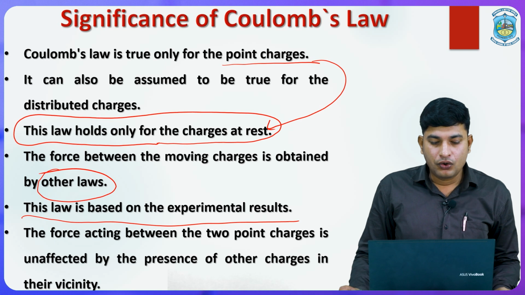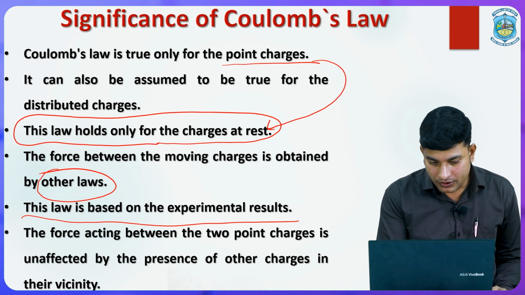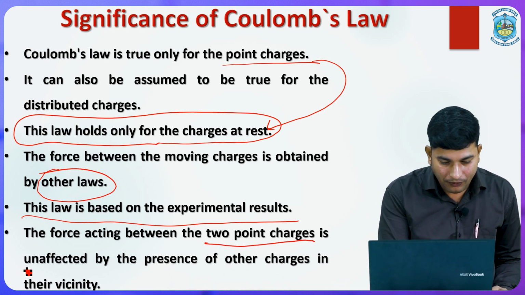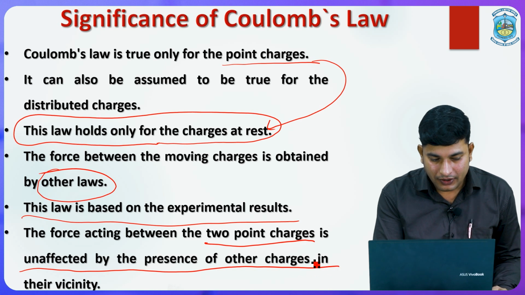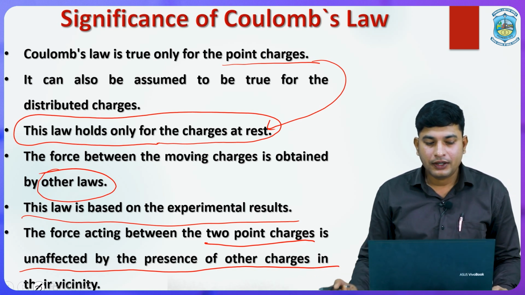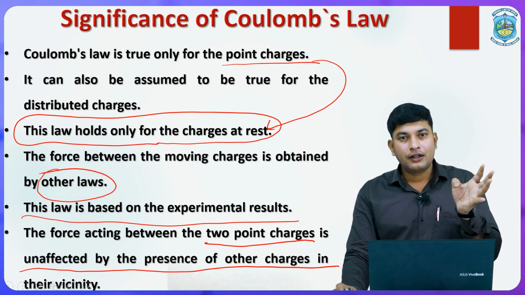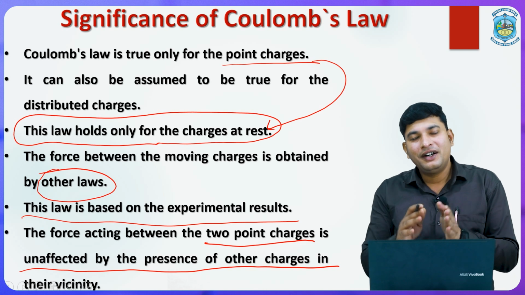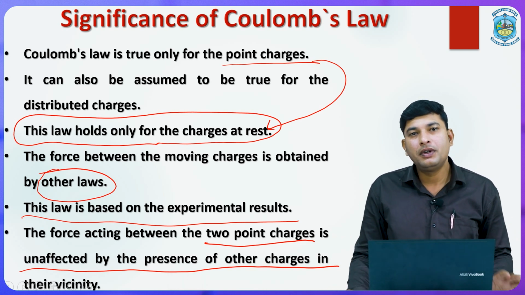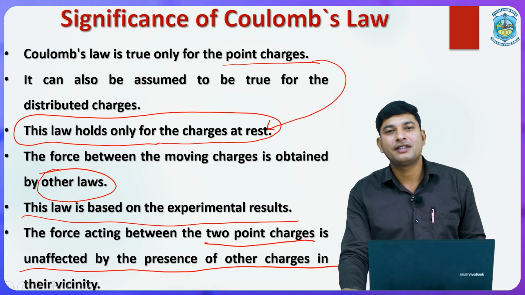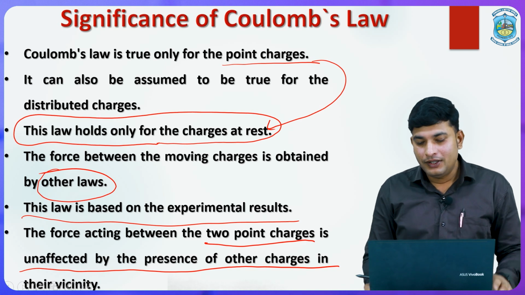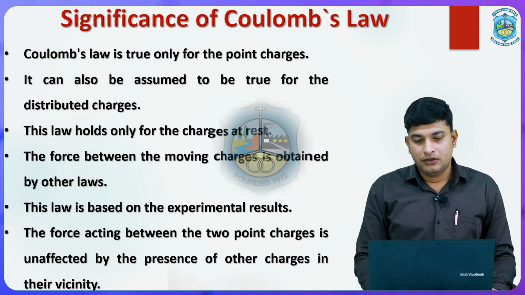And the last point: the force acting between these two point charges is unaffected by the presence of other charges in their vicinity. We are assuming that all the forces are at rest there, so we have a neutral condition to define these particular situations.